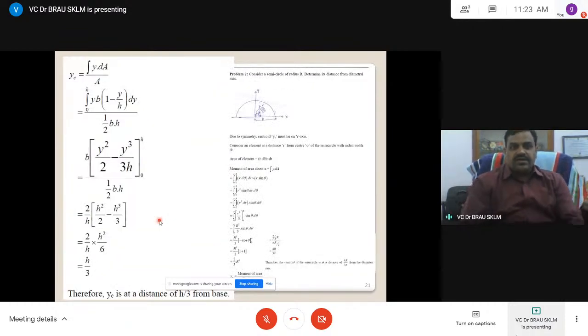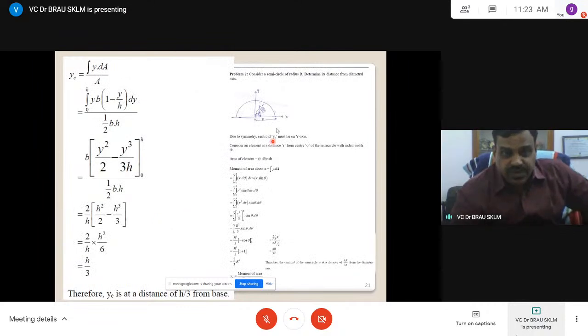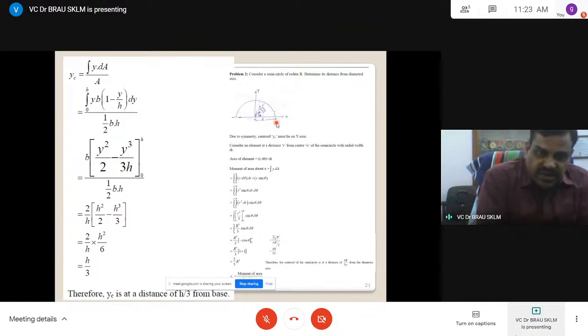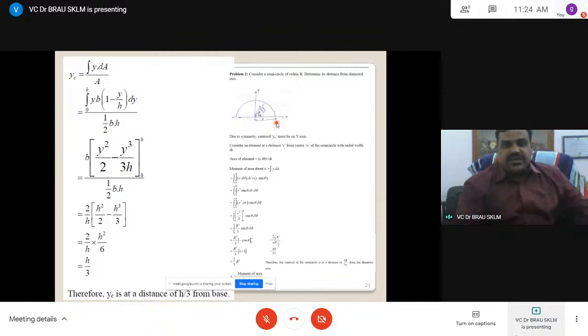If it is continuous, accordingly we have to see this particular element: this is r dθ and this is dr, so r dr dθ. Due to symmetry, the centroid must lie along the y-axis. With reference to this axis it is symmetrical; with respect to this axis it is not symmetrical.